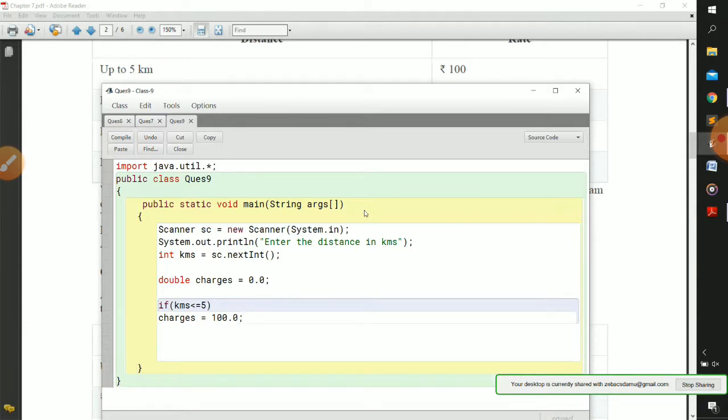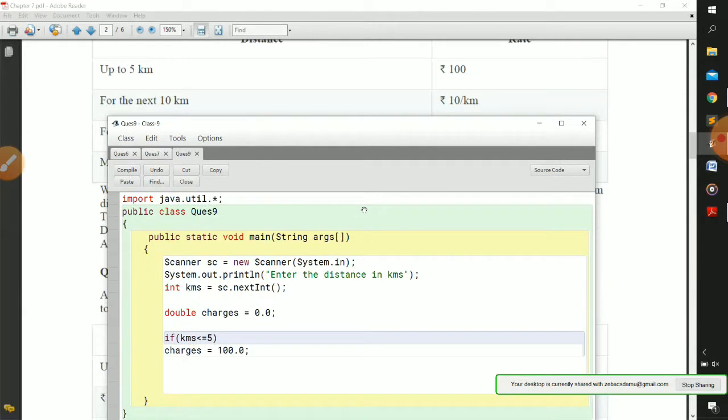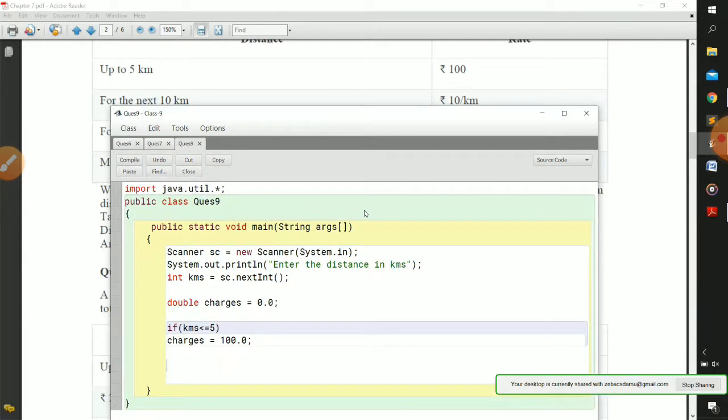Now for the second row, it is saying for the next 10 kilometers. So you have already traveled 5 kilometers, and for the next 10 kilometers beyond that, what you need to do is else if your kilometers is less than or equal to 15. Why did we use 15? Because it is telling us for the next 10 kilometers, and already 5 kilometers we have traveled.